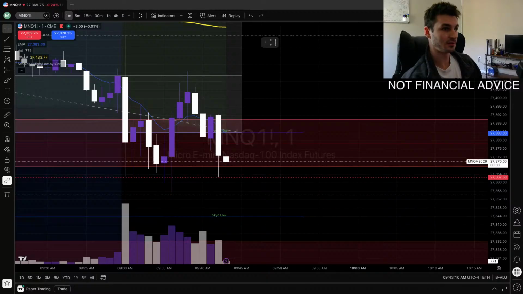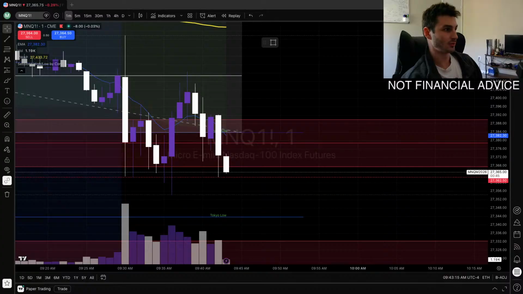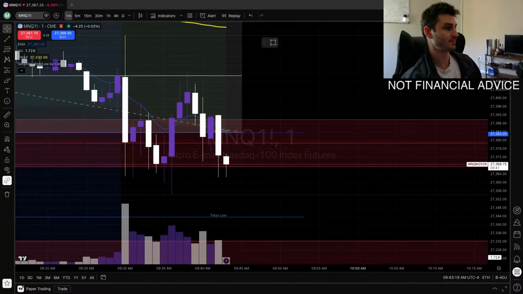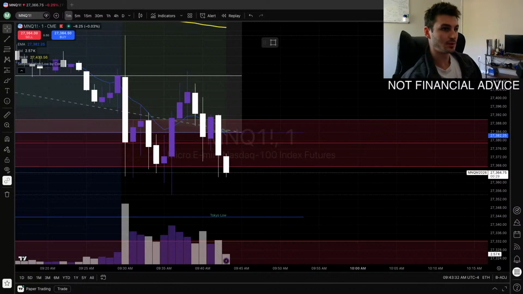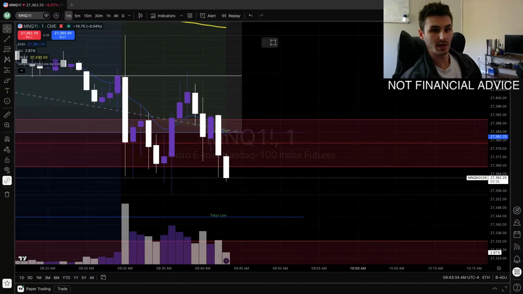That would be ideal. We take out this no liquidity. Right now we're still kind of manipulating off this consolidation. So let's see how we react off of this.